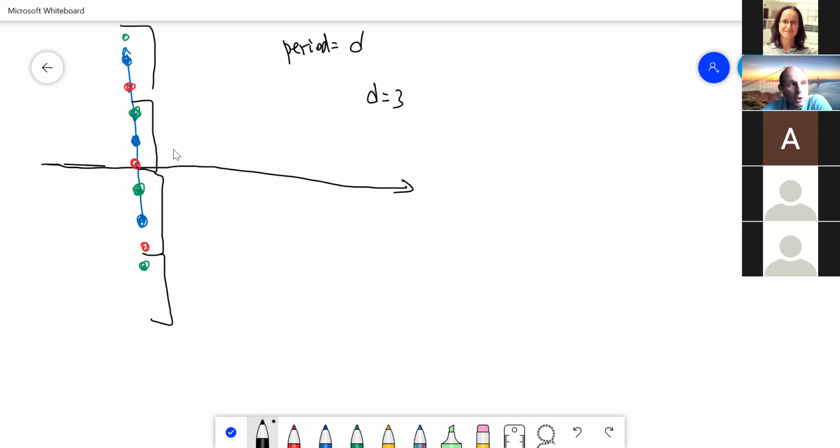Now I would like to consider some analog of excursions for the two-dimensional random walk. Assume for simplicity that we start from the y-axis.